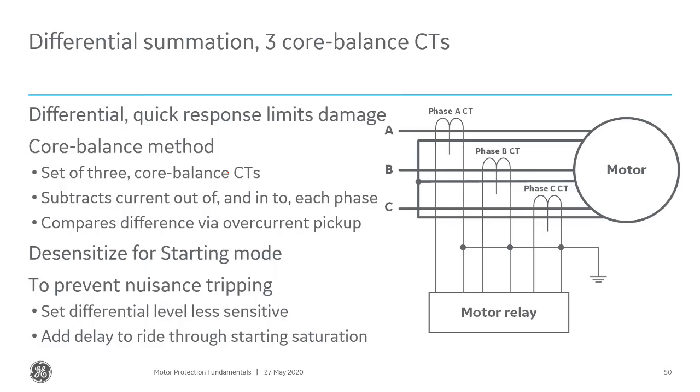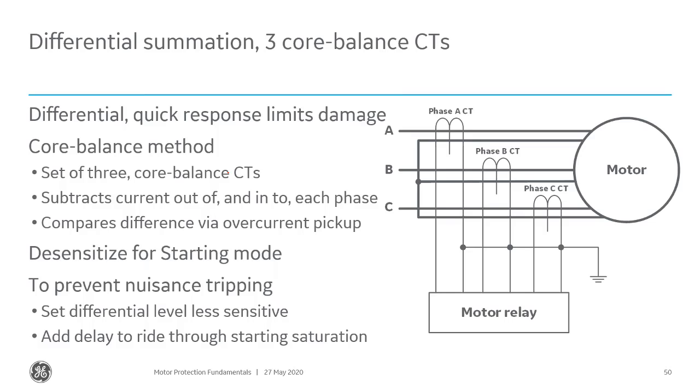Now, the real challenge there because of that is the CTs. I mentioned earlier that CTs only provided about 90% accuracy in the linear portion of their curve. What we're doing with differential protection is, in all differential protection, we're going to measure the current flowing into the zone of protection and the current flowing out of the zone of protection.